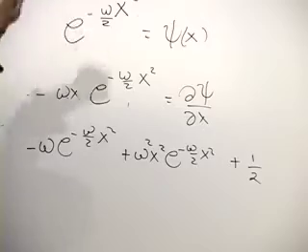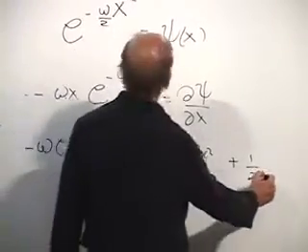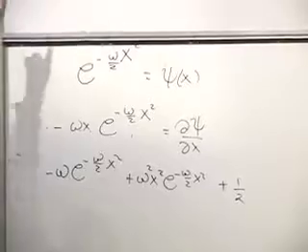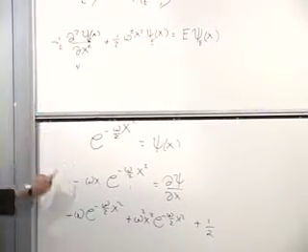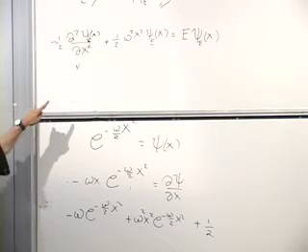Okay, then there's plus 1/2 omega squared x squared. Do I have the sign wrong? I wanted an overall minus sign. I think I have the overall sign wrong. I want minus 1/2 of the second derivative.